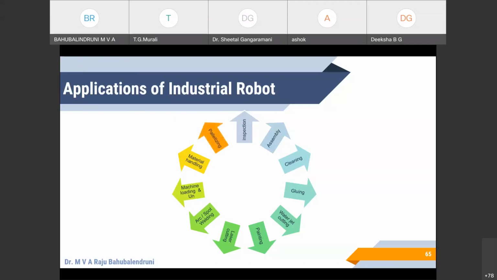And then the palletizing. So robots are mostly used in welding, then machine loading and unloading, material handling, and then assembly. These three are the highest share. You can consider almost 70% of industrial robots are used for only these three applications.